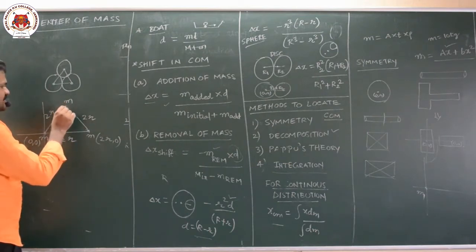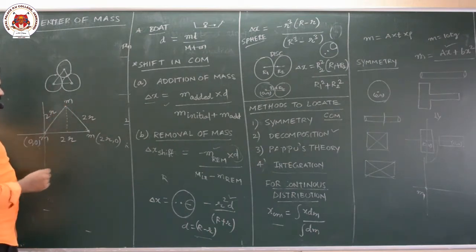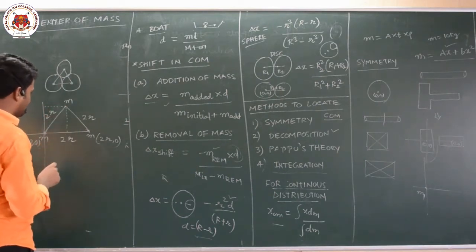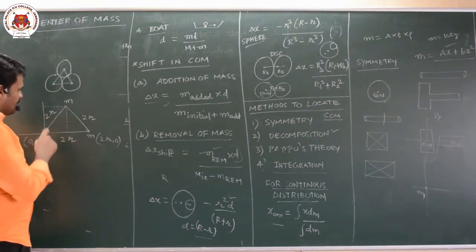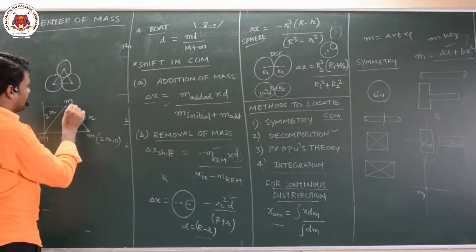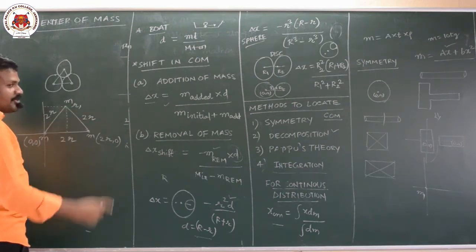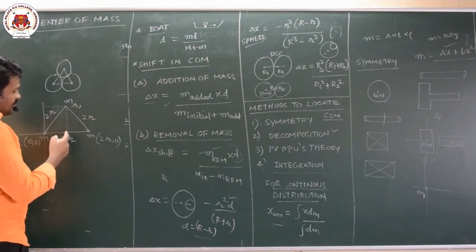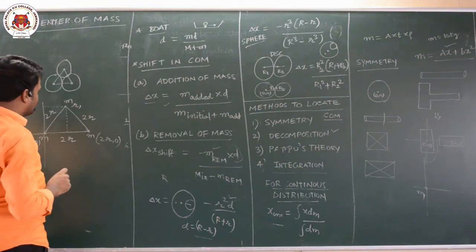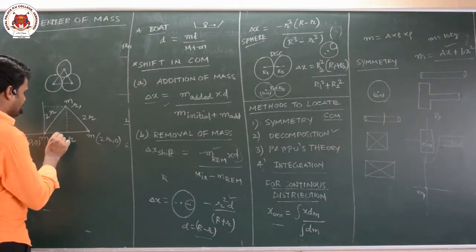And at what distance is this mass present? That you can calculate. This mass is present at a distance of r from the y-axis, so I can take that as the x coordinate. And next, the distance at which it is present from the x-axis is nothing but the y coordinate. So this is r, this is 2r.